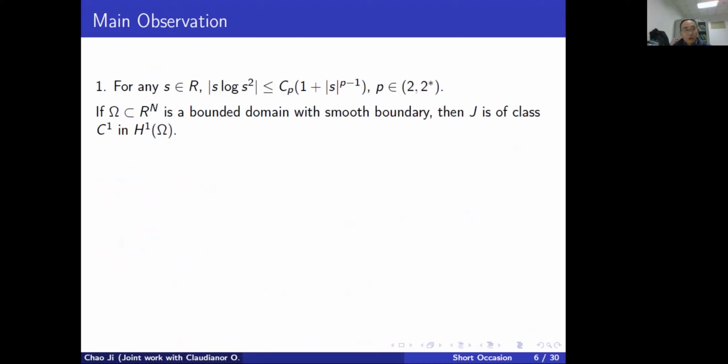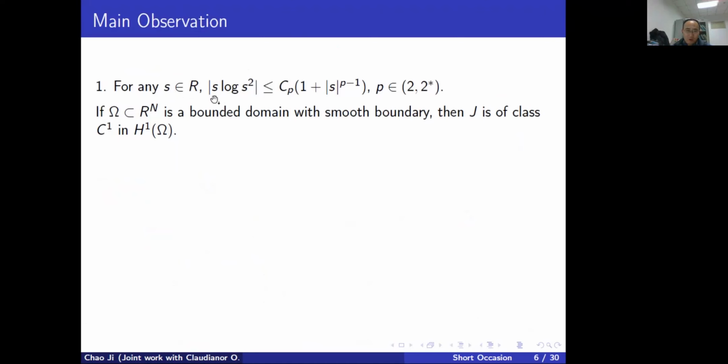Now let me show you some properties of the logarithmic Schrodinger equation. For any s belonging to R, this inequality holds. Why?